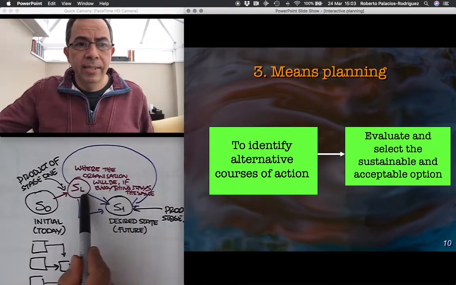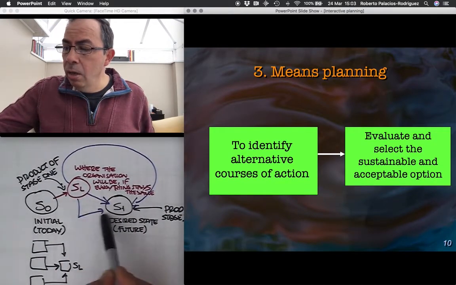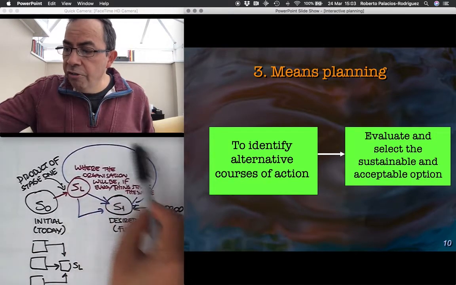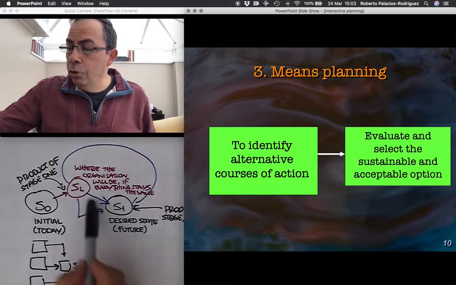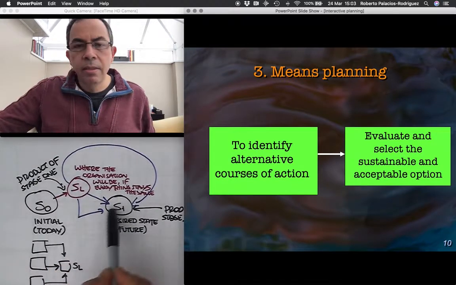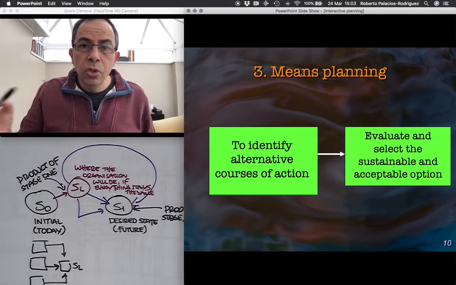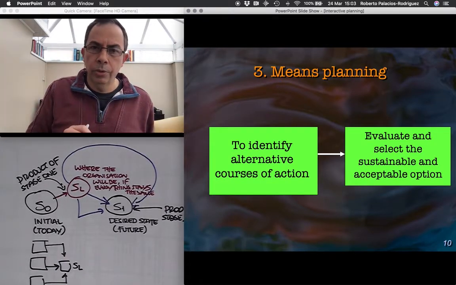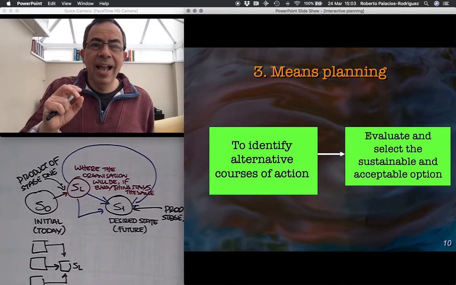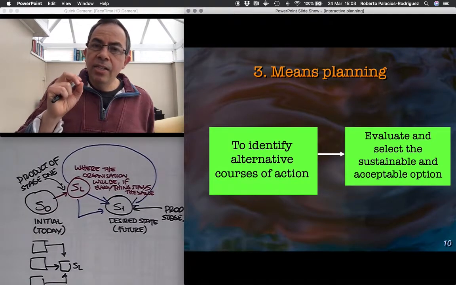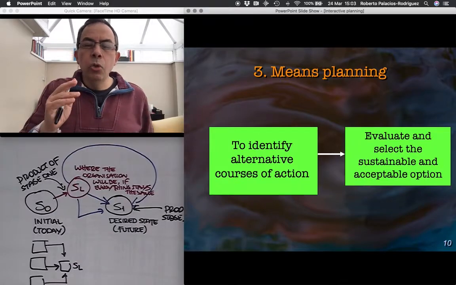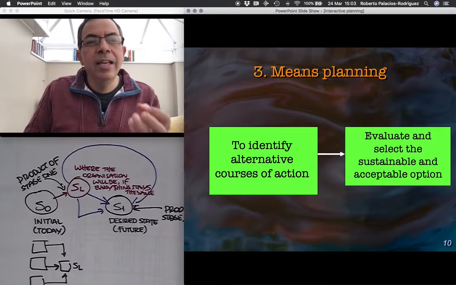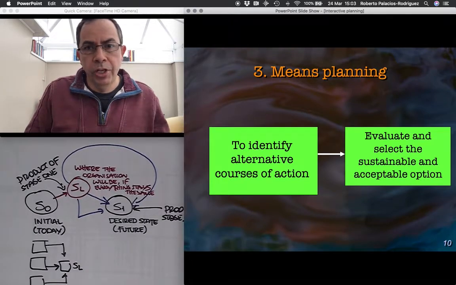I can go from S1 to S2 and I have 3 ways to get there. I can go through the longer route, probably safer. I can use the shortcut, or I can take these different directions. Choose the one that is more important. And over there, I highlight 2 specific words: sustainable and acceptable. A situation where you define plans where the option is not sustainable means it cannot last over time.